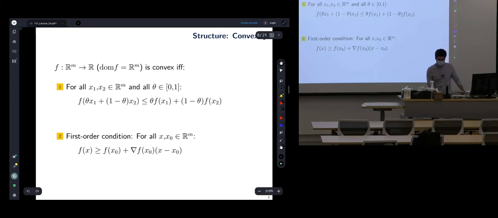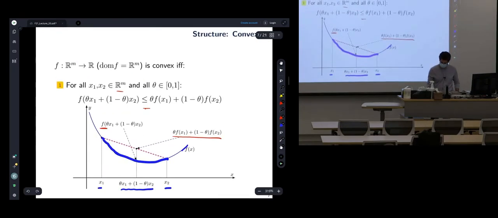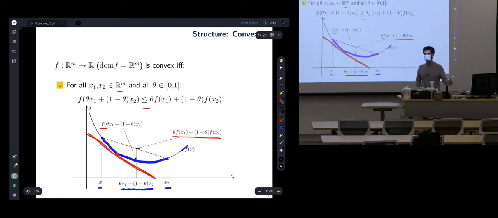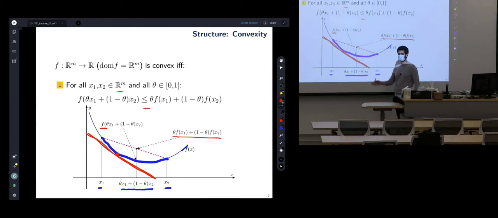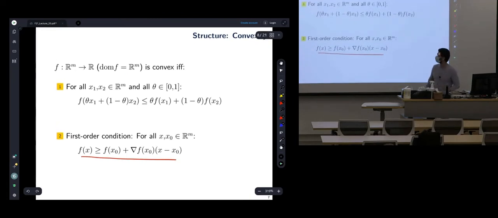Another way to think about this condition is that if you do the linear approximation of your function, the tangent line at any point is always below your function. If it's convex, there's no way you find a tangent line that is above your function. That's the meaning of this second item here, the first order condition.